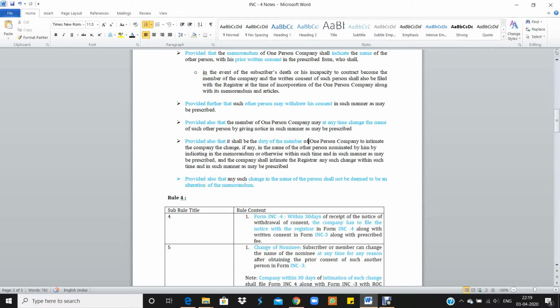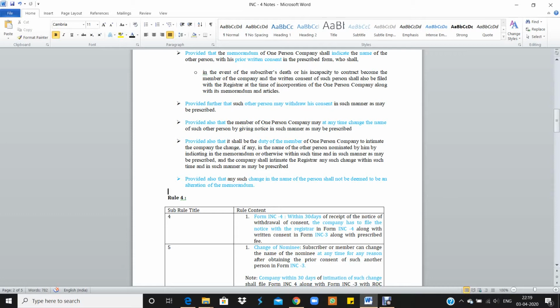Either it may be a member or it may be a nominee. So that change in the person shall not be deemed to be an alteration of memorandum. It doesn't mean that there will be an alteration in the memorandum, but you have to intimate the company. The company has to intimate the ROC stating that there is a change in member or change in the nominee.